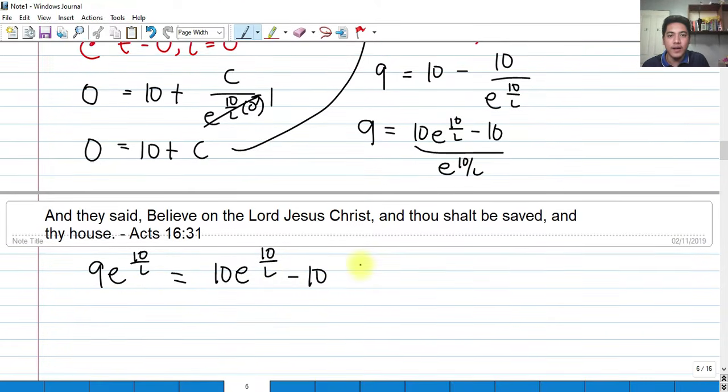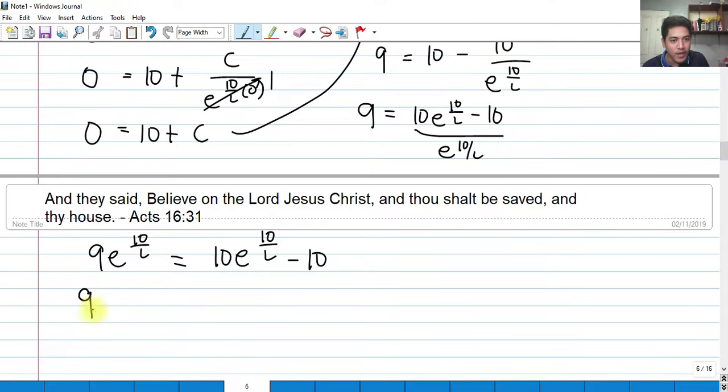Combining like terms, you have 9E raised to 10 over L minus 10E raised to 10 over L is equal to negative 10.